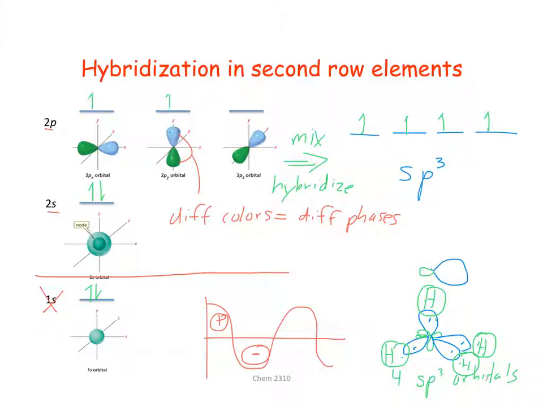So again, they're going to be cylindrical. So these are all called sigma bonds. Okay? So we've got 4 identical orbitals going to 4 hydrogens.